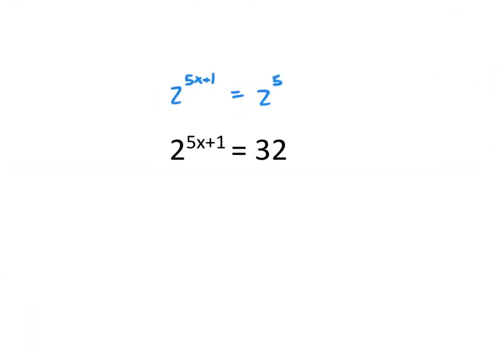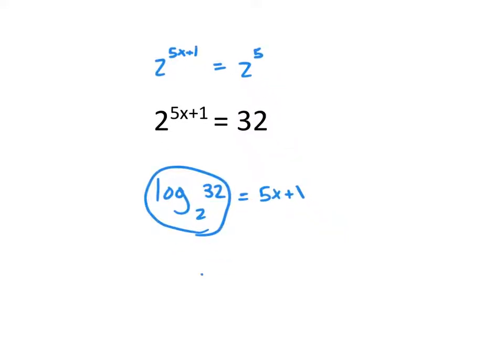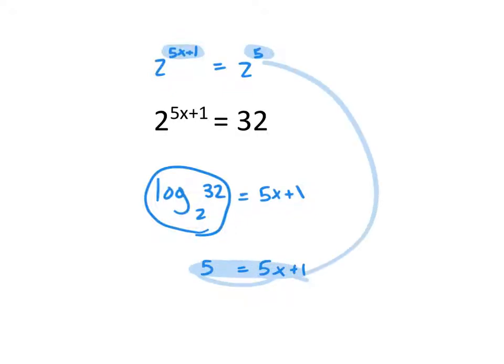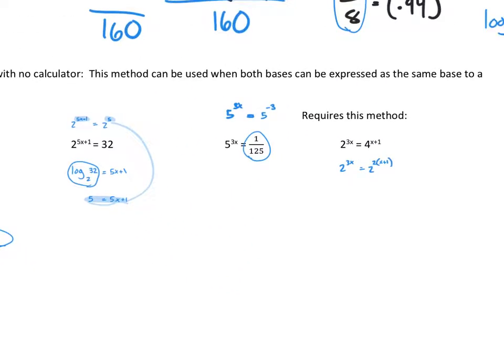You can also use drop, log, and roll on these as well. And what you'll see ends up happening is that you get the same answer, because log base 2 of 32 is a 5. And 5 equaling 5x plus 1 is the same thing you would get when you set those exponents equal. So both methods work on some types of problems.